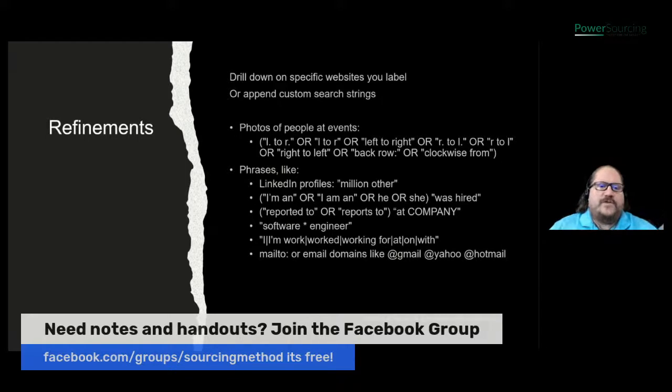And I like that. So for me, this is a great example of appending some keywords to a refinement without necessarily applying it to a particular set of websites. So in our current search, which is limited to just LinkedIn, this won't really make much difference.